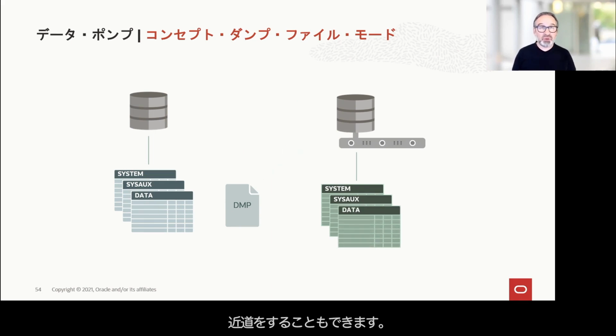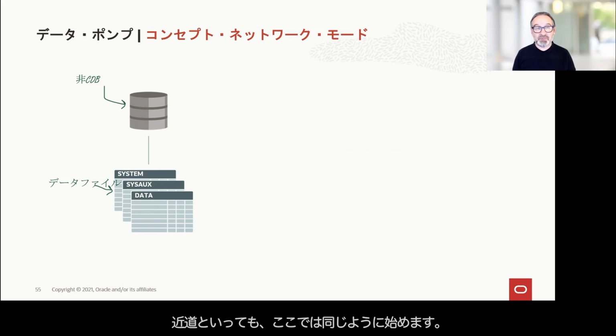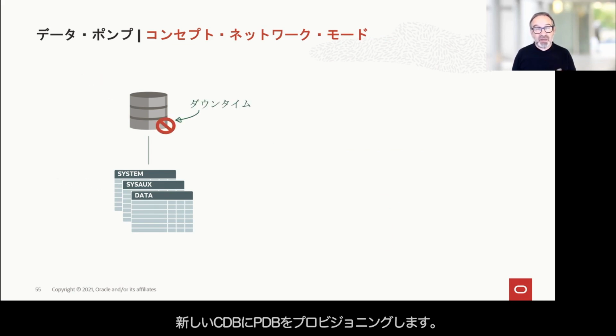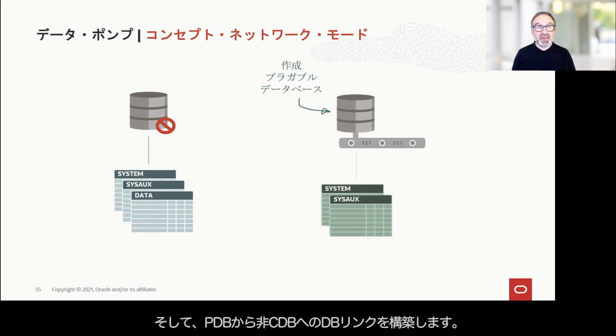We can take also a shortcut route, and a shortcut would start the same way here. We have downtime. We provision our new CDB with a PDB. And now we build a database link going from the PDB into our non-CDB.